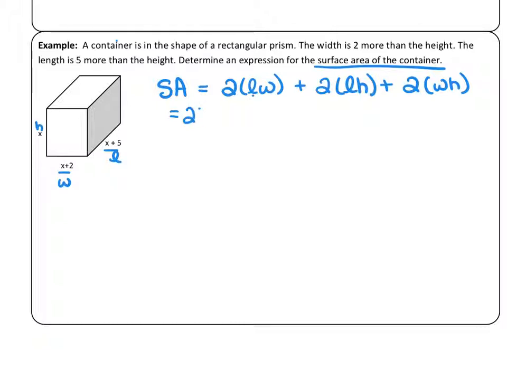We got 2 times the length, which is x plus 5, times the width, which is x plus 2. So all I'm doing right now is substituting it in. L, x plus 5, H is x, and then 2 of the width, x plus 2, and the height, which was x.